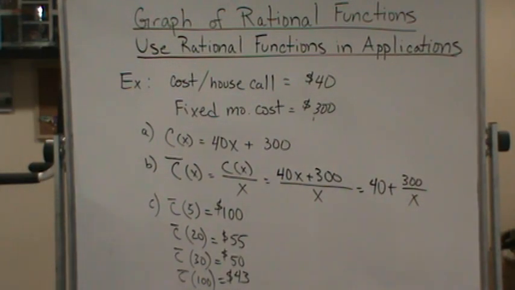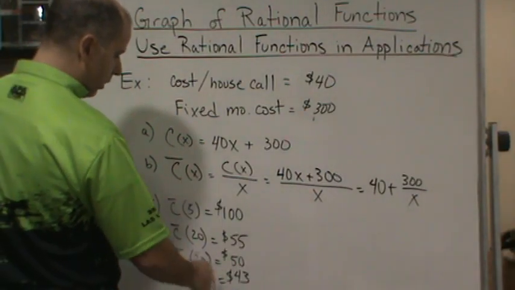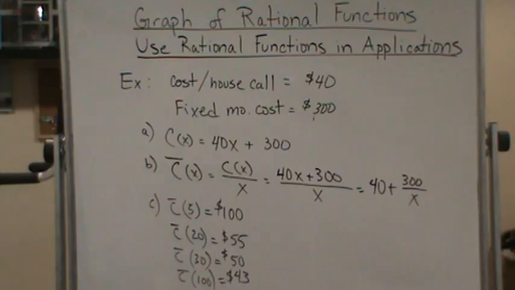So we could see right away that the more house calls we do in a month, the lower our costs, if we break it down to costs for doing business per house call.